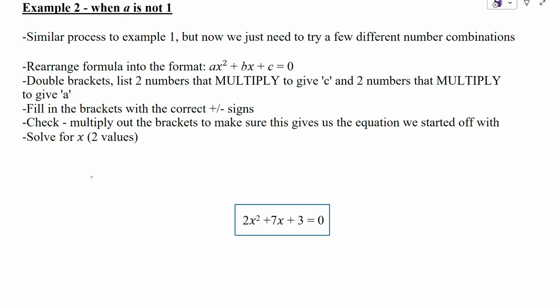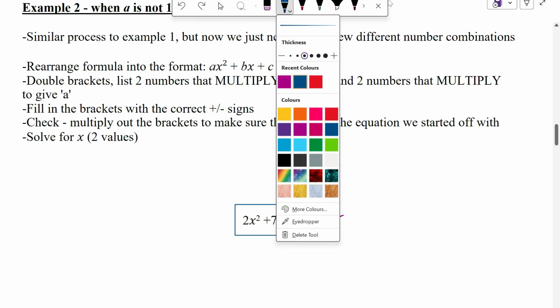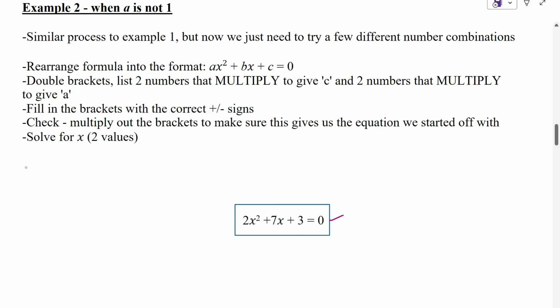Okay, so let's have a look at this. So first thing, again, we get it into the format ax squared plus bx plus c equals 0. So that checks out. So we're going to do double brackets. So let's write those out. Equals 0.